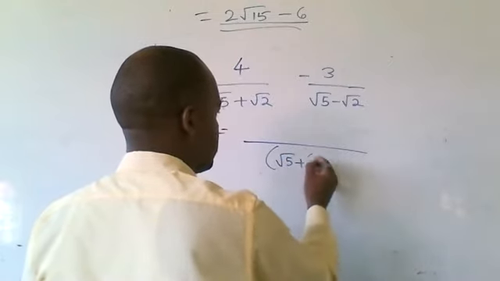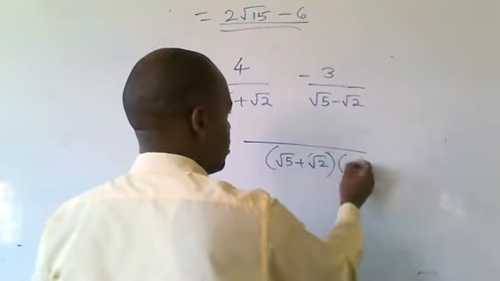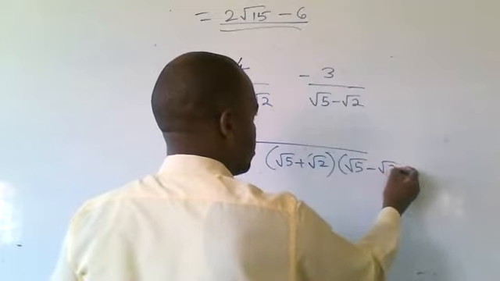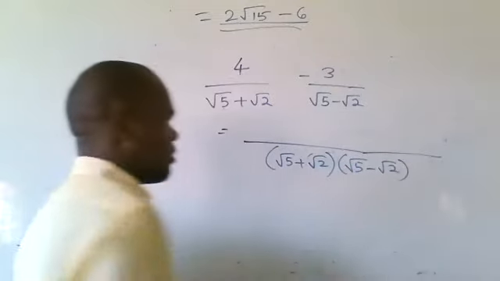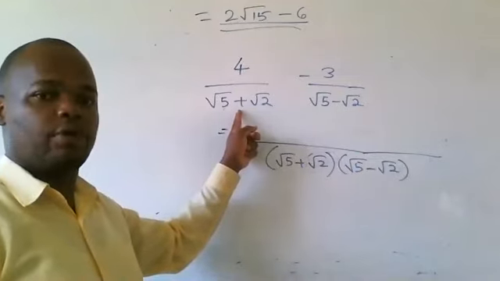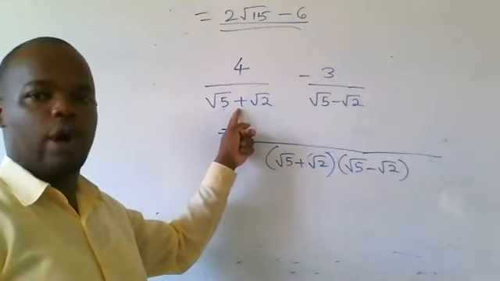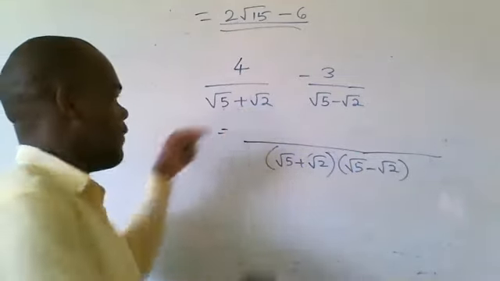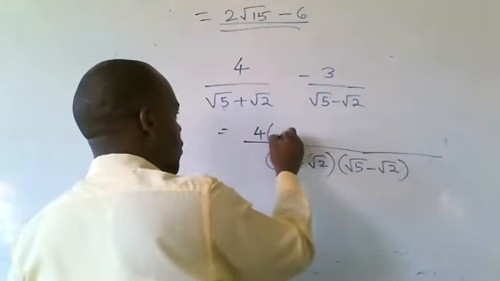Then we ask ourselves, this divided by square root of 5 plus square root of 2 becomes square root of 5 minus square root of 2, and then you multiply by 4.